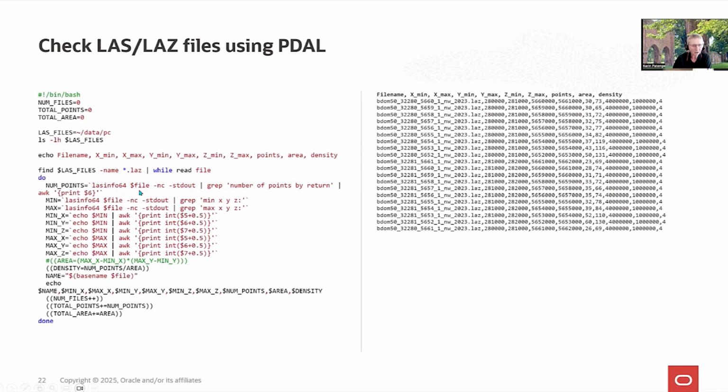Then this is my LAS file, and I extract the number of points within the LAS file to display it, and I try to capture a few more pieces of information about what's represented by this LAS file. So this is the first thing, some kind of analysis looking at the LAS file, and here is what we can extract from the files.